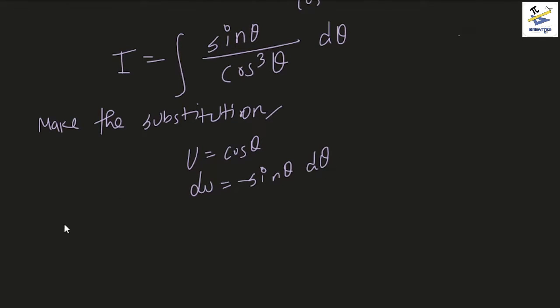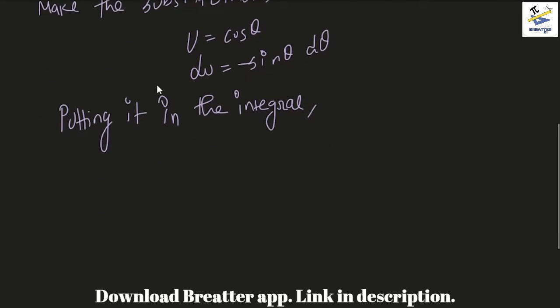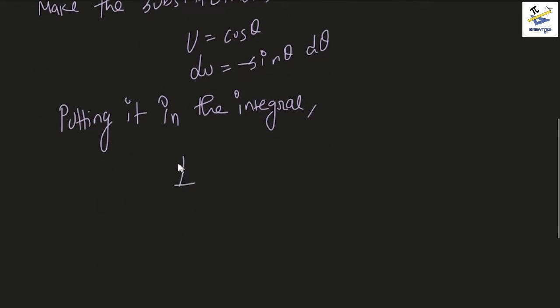Putting it in the integral, we have I equals to, so sin theta d theta would just be minus du, as you can see from this line, and the denominator would just be u cube, right?